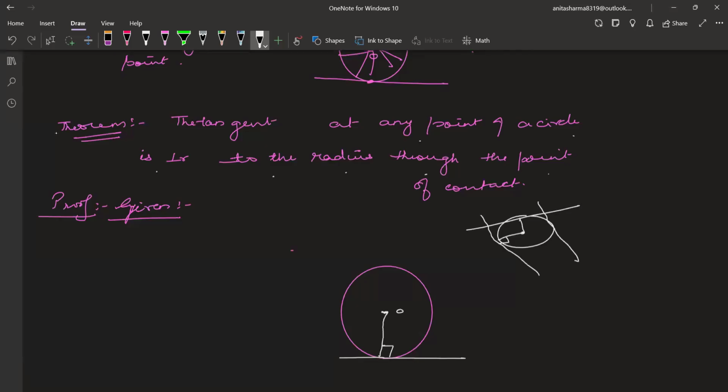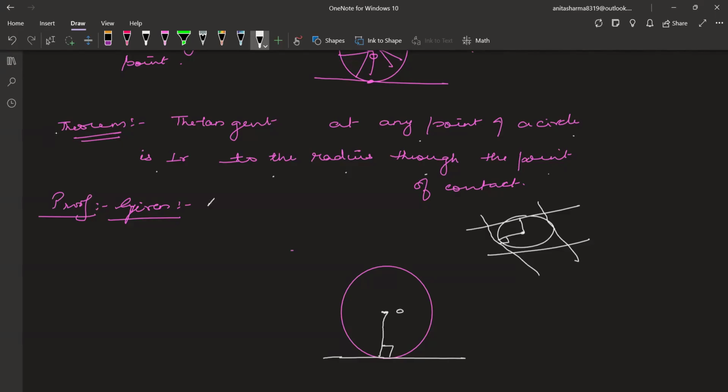The theorem is that it will always be perpendicular. We can determine if the line is not perpendicular by measuring its distance, right? Like if it's slant, it's above the radius. Yes, Vipin.